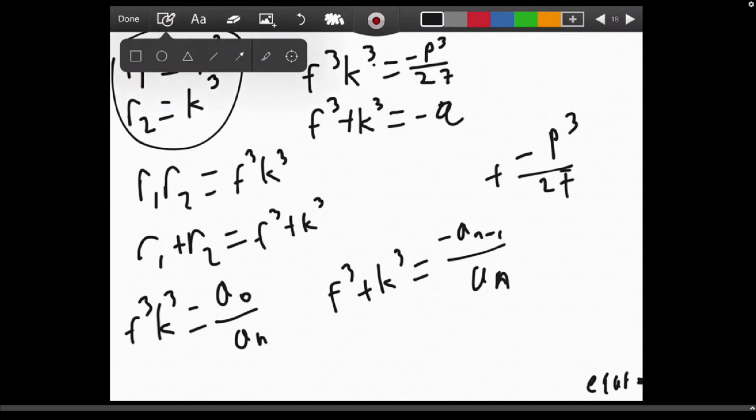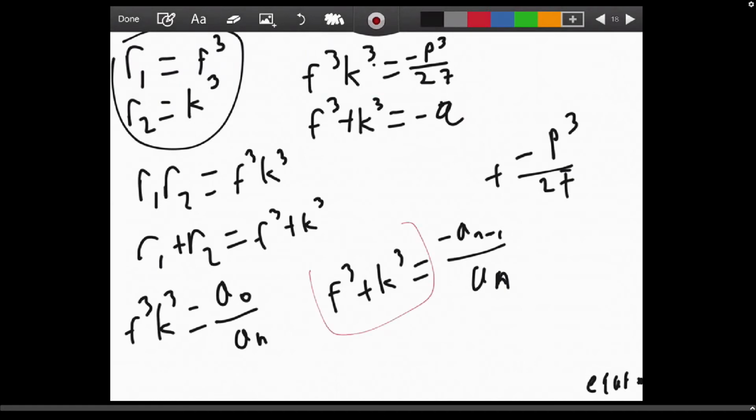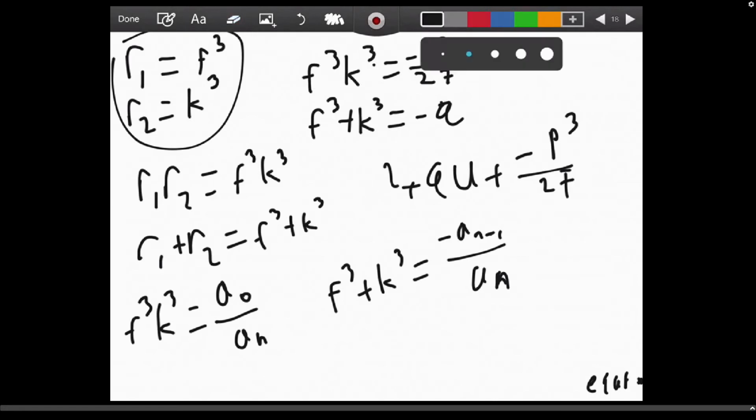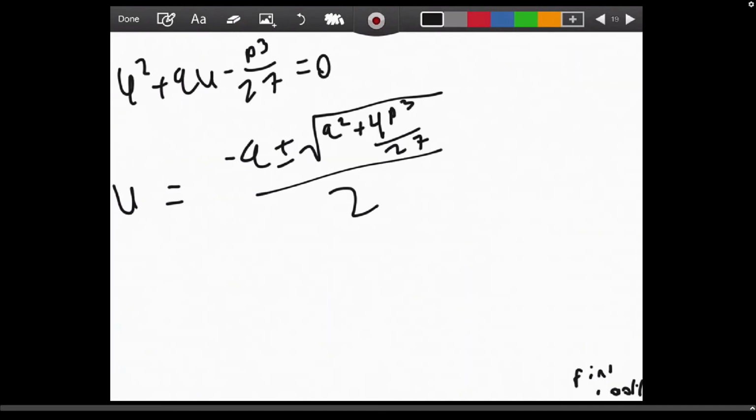Well, we know that f cubed plus k cubed is negative q, and because f cubed plus k cubed is the negative of the second coefficient, we know that the second coefficient must be just normal q. And we already said that the first coefficient will be 1, so this becomes u squared plus qu plus negative p cubed over 27 equals 0. So we're building a quadratic.